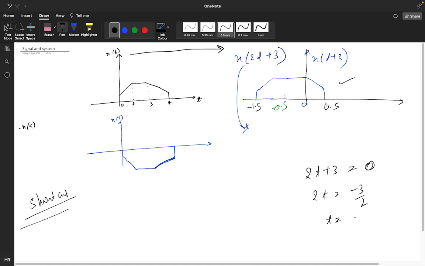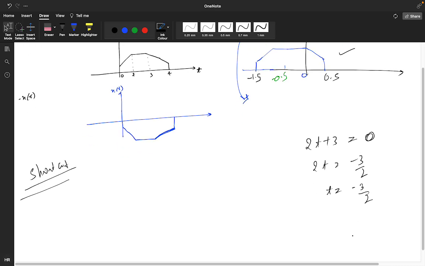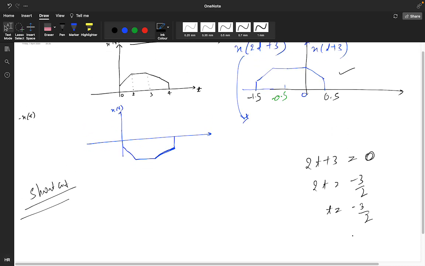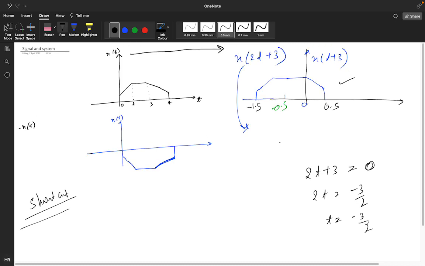So 2t plus 3 equals 0 gives t equal to minus 3 by 2.